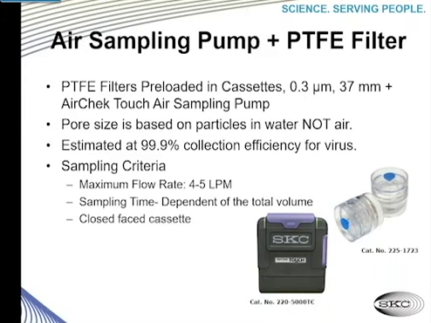As far as the air sampling, the flow rate and the sampling time depend on the total volume that you want to achieve in the sample. Keep in mind the pump and filter. This filter may create back pressure if you don't have a good pump, and you may have problems during the sampling.